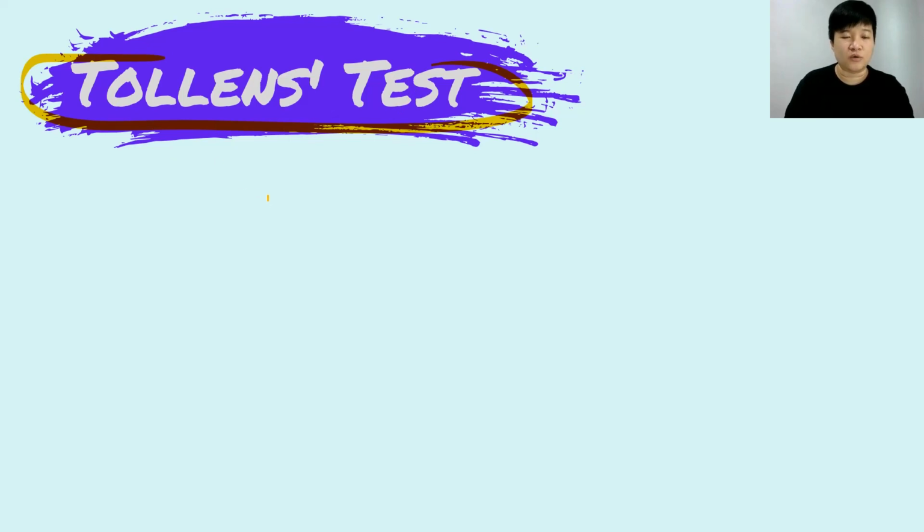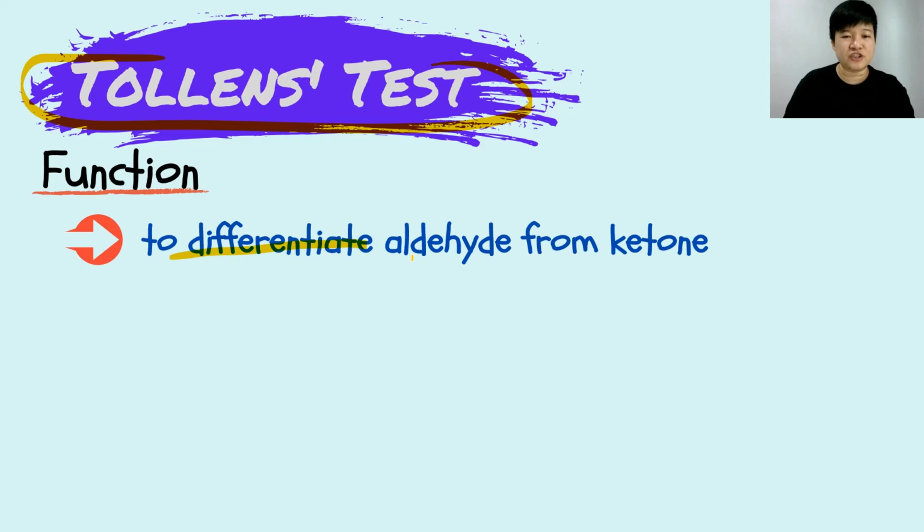So what is actually Tollens Test? The function of Tollens Test is to differentiate the aldehyde from ketone. In other words, aldehyde will be positive result, ketone will be negative result. That's why we say that it's going to differentiate aldehyde from ketone. Aldehyde will be the one giving you a positive observation.